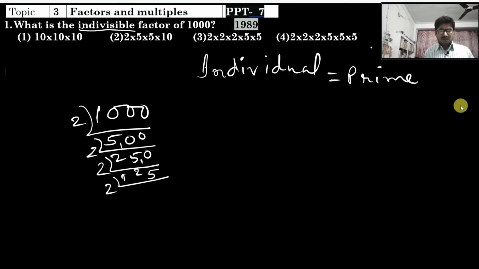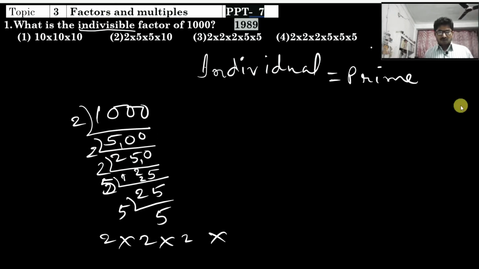Now it is not divisible by 2, so that's why 5: 125 by 5 is 25, and 25 by 5 is 5. So these are the prime factors. So what? 2 into 2 into 2, 5 into 5 into 5. So these are prime factors.